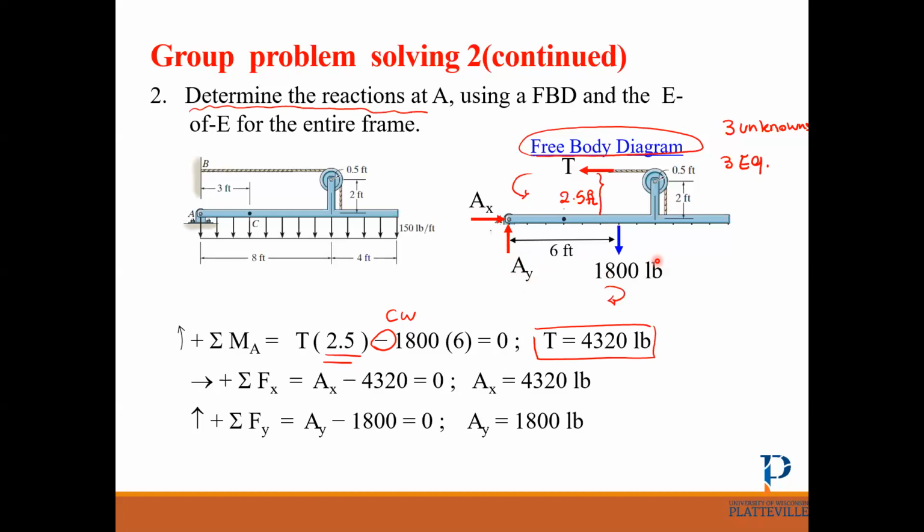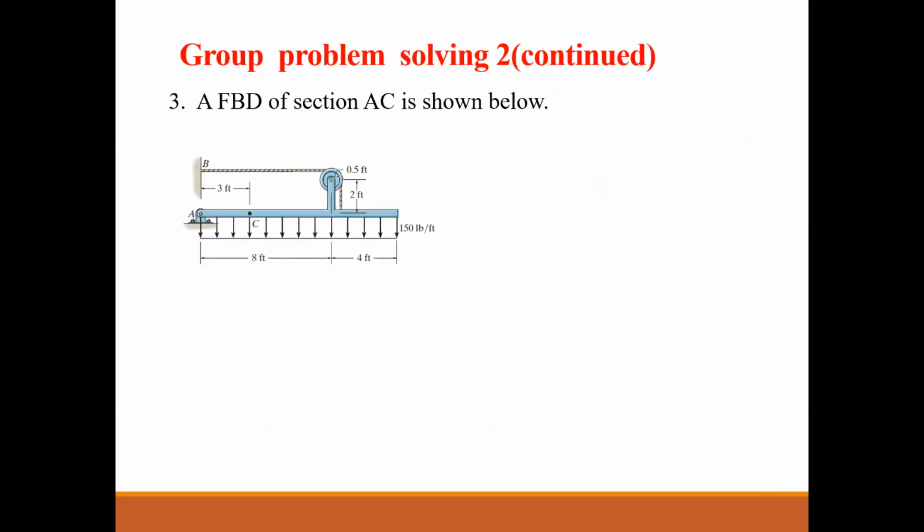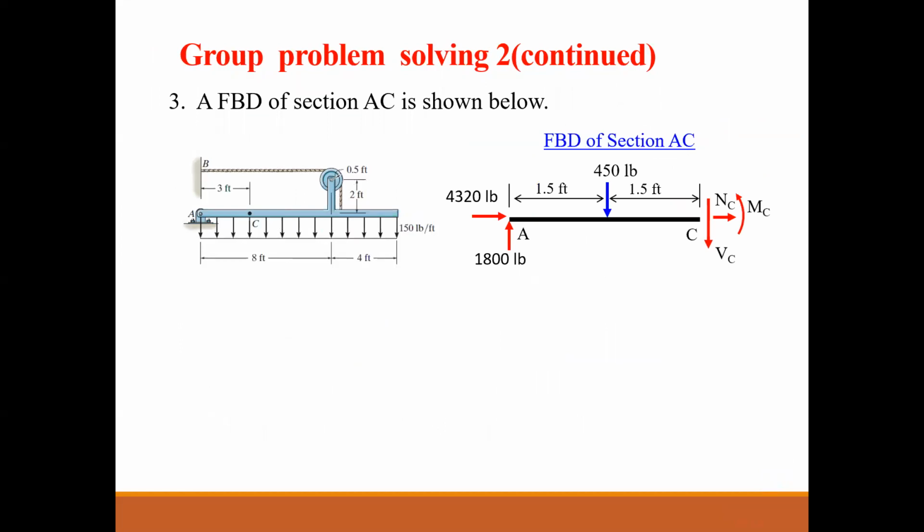Now it's time to draw the free body diagram with internal forces at point C. Okay, so I'm going to find out what the internal forces are. So here is the free body diagram for internal forces. So here is my internal force.